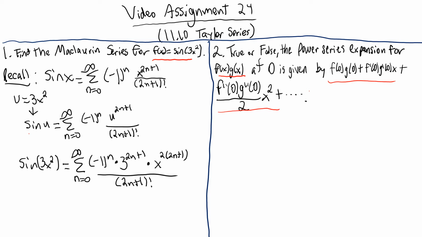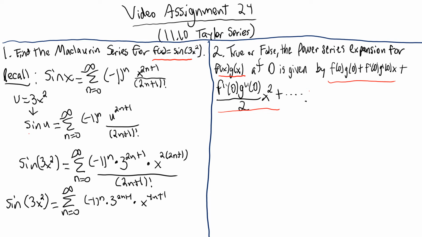Now you can leave this answer like this, but if you want to simplify it one step further, we get sine of 3x squared equaling the sum of n equals 0 to infinity of -1 to the n times 3 to the 2n plus 1 multiplied by x to the 4n plus 1, because since we have x raised to a power, we can just distribute that 2 to the 2n plus 1.